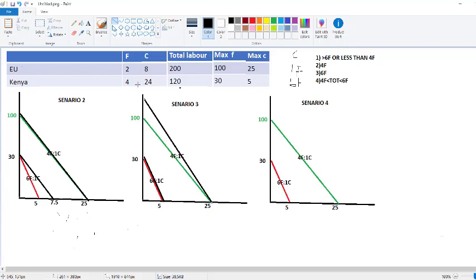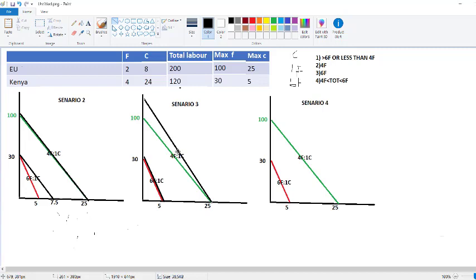So we drew this line in. We're going to work out what this value is. This is your budget line or your PPF, and this here is your world price. So what happens? Initially, every 1 carbon could have been traded for 4 food, which means your 25 carbon would give you 100. 25 times 4. Now this 25 carbon can be traded at the world price of 6 food if we go towards Kenya to trade.